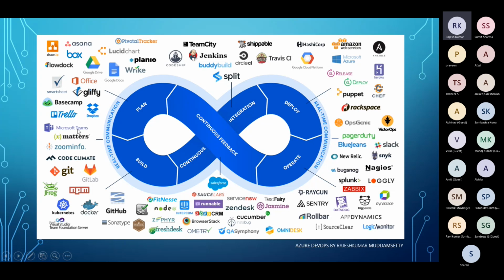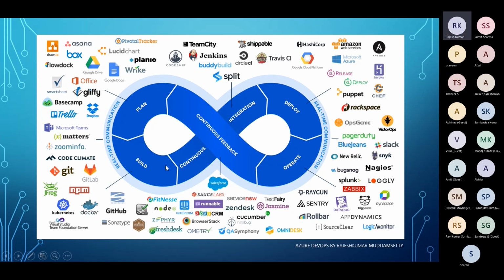Even Microsoft Teams comes under planning and collaborating activity. The thing in which you are connected now, Teams, also comes under DevOps tools. Why? Because it is used for team collaboration and team planning. How you want to implement this application, what teams you have, and how you want to communicate your plan or your work item tracking, everything.